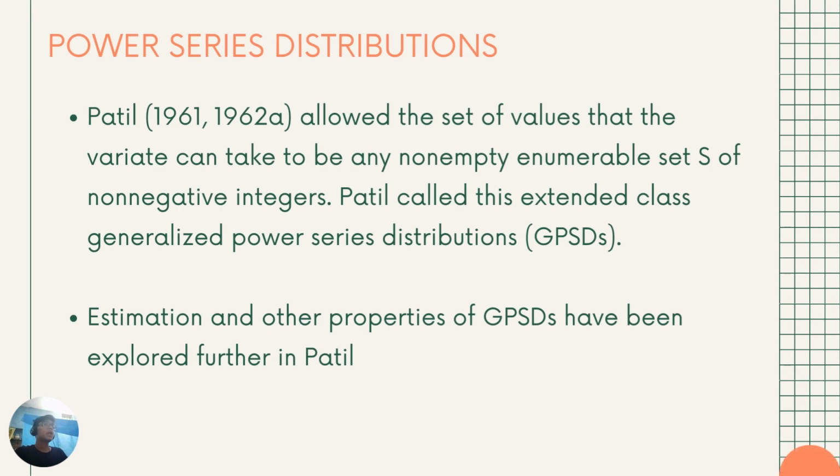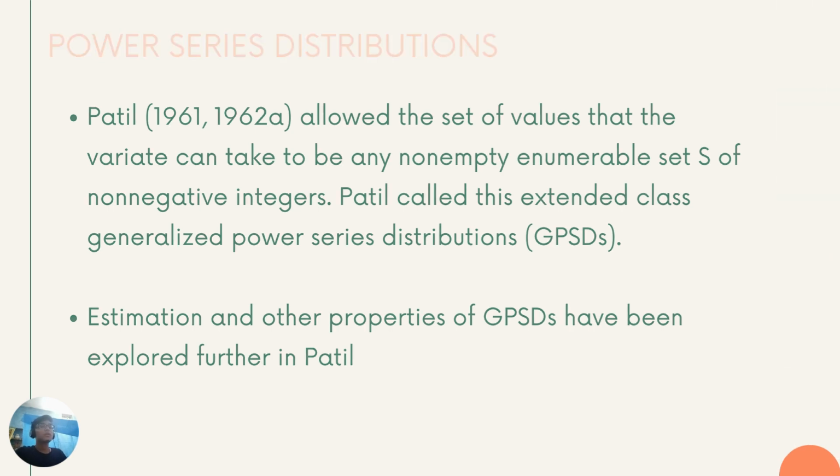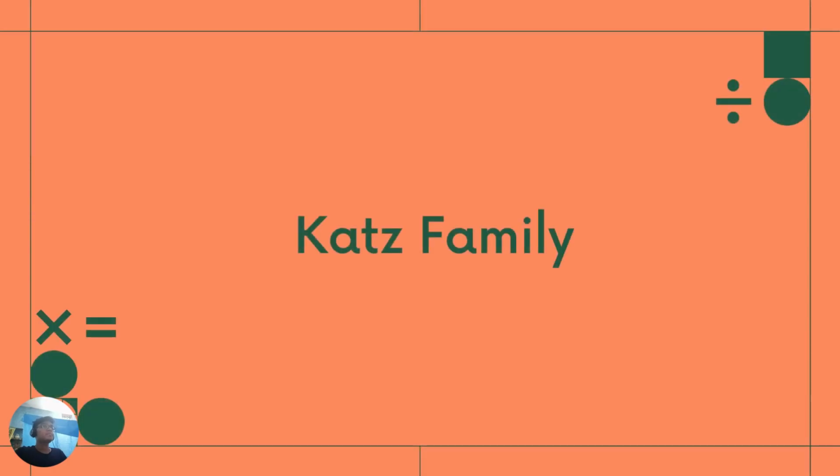Patil in 1961 allowed the set of values that the variate can take to be any non-empty enumerable set S of non-negative integers. Patil called this extended class generalized power series distributions, because we are generalizing it using non-negative integers. Estimation and other properties of GPS have been explored further by Patil.